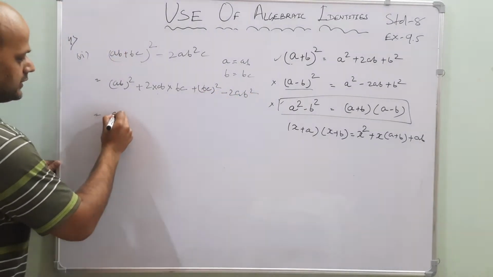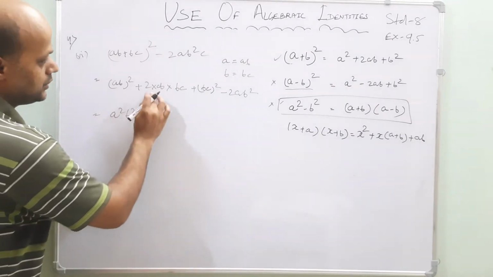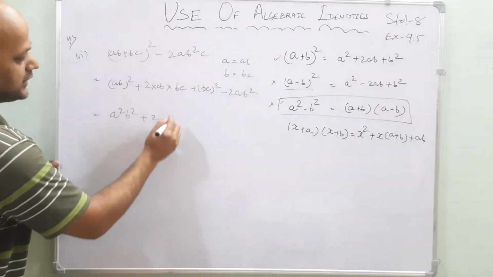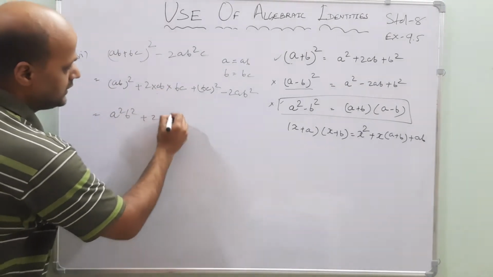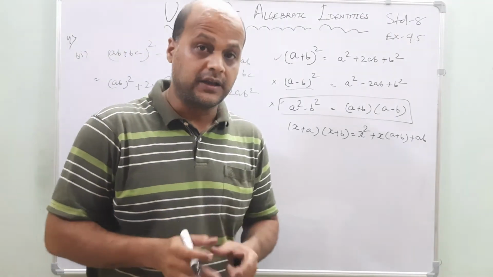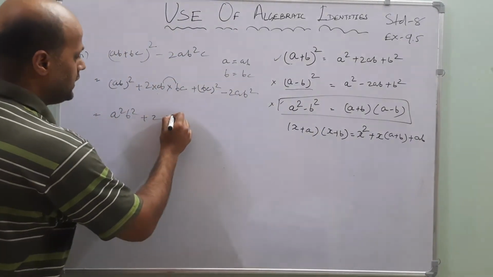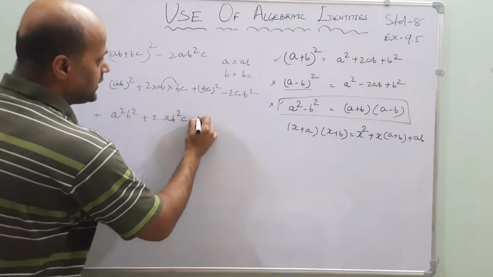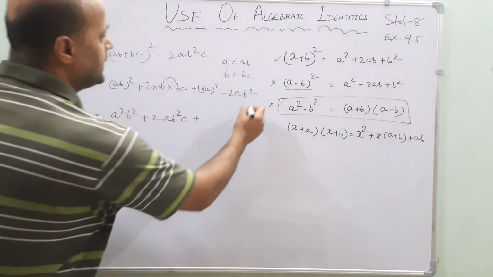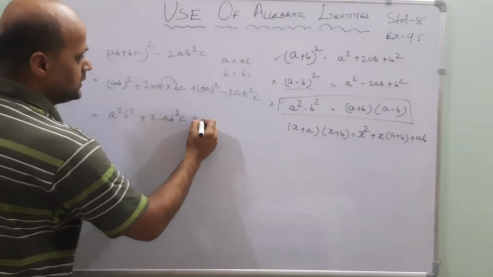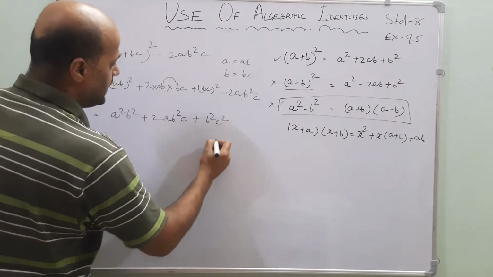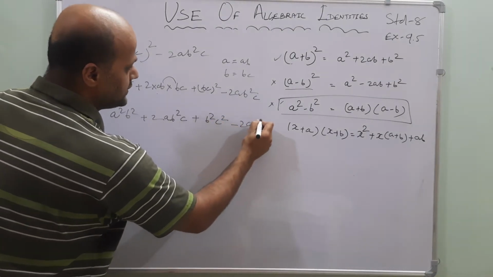Now put it: a square b square plus 2, both the cases a b into b c, the similar variables will be multiplied here. We already discussed this in the previous exercises. So a b square c plus b square c square minus 2ab square c.